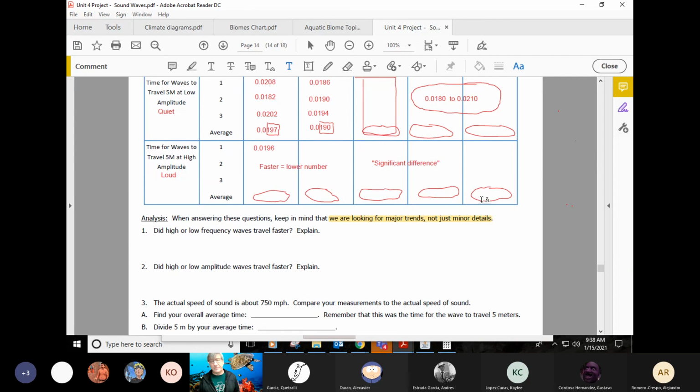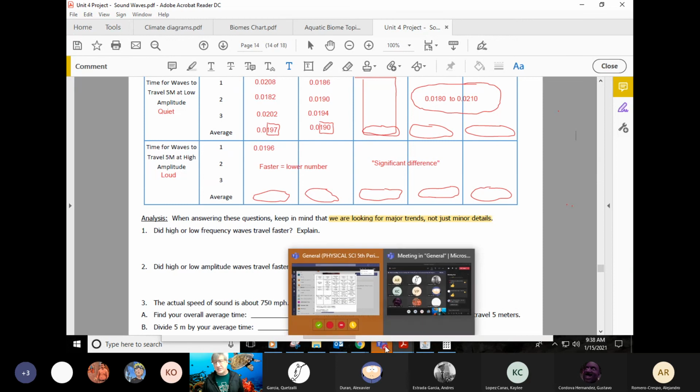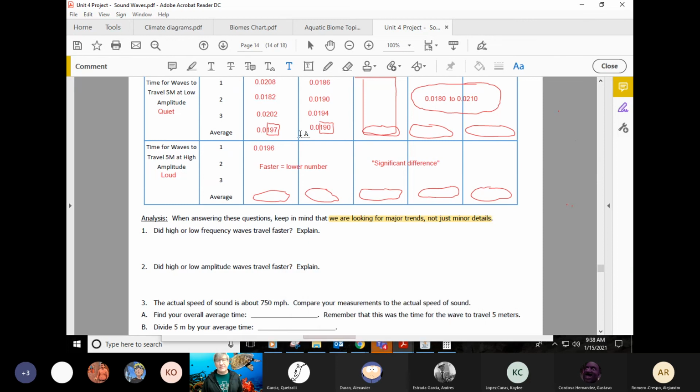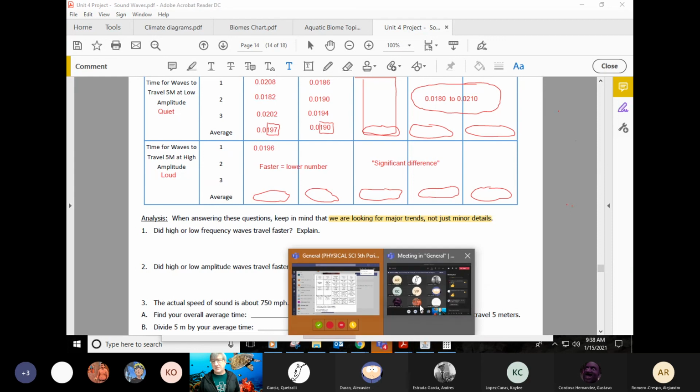Please find your overall average for these 10 measurements, and when you get it, please post it on the chat. Find the average of the 10 averages, which will give us the average of 30 measurements, because each of these was the average of 3. So find the average of those 10, add them all together, divide by 10, post it on the chat.